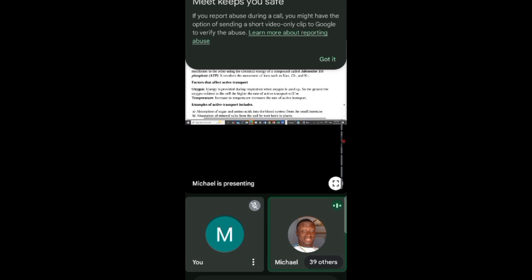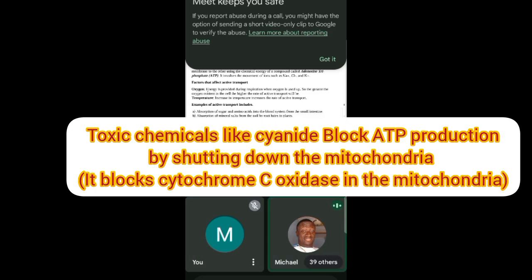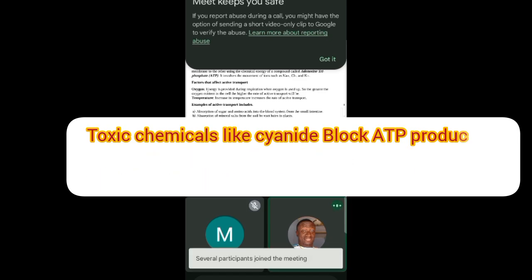It also overrides some mechanisms and cellular activity, thereby preventing the proper flow of energy. So once energy flow is obstructed and the cell itself is affected by the toxicity of the cyanide, it means the cell is not well.